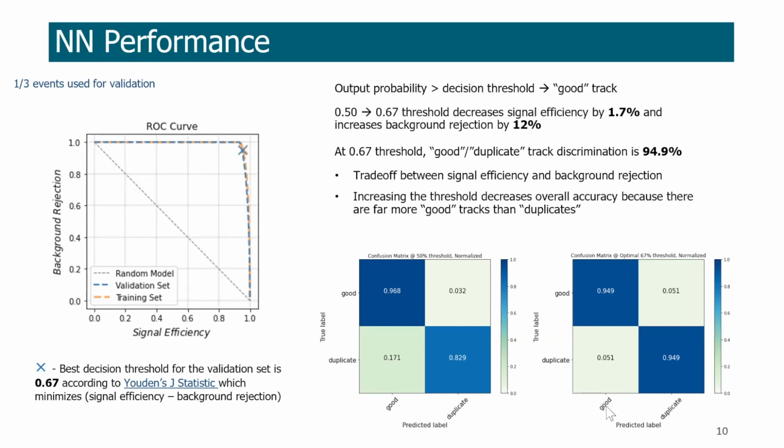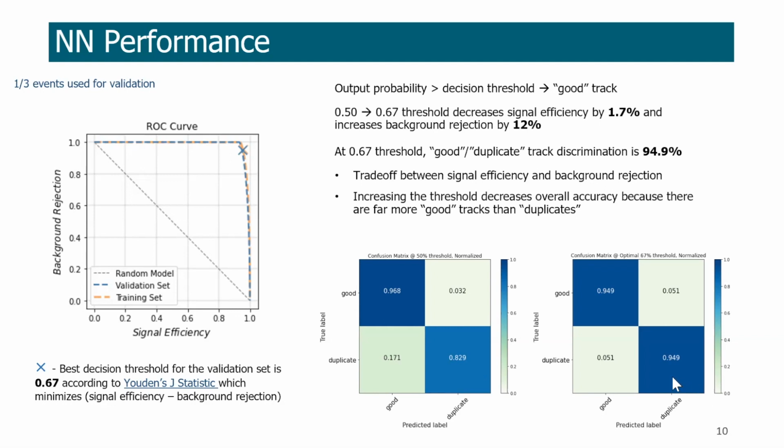So here I display the effect of using this particular metric in these confusion matrices, where the diagonal represents correctly assigned tracks. By changing this decision threshold from 0.5 to 0.67, signal efficiency decreases by 1.7%, and background rejection increases by 12%.